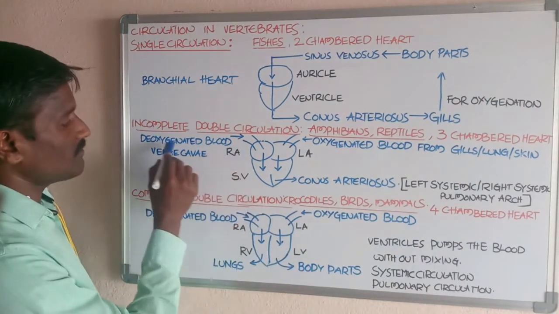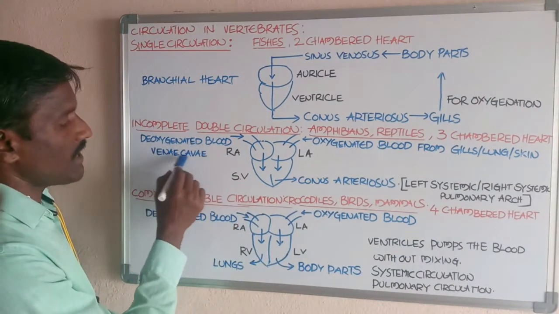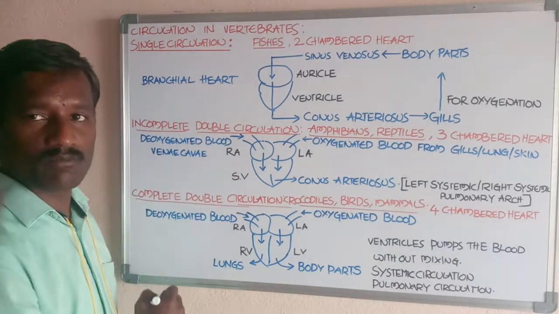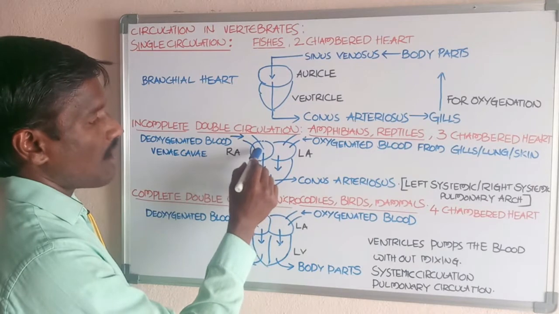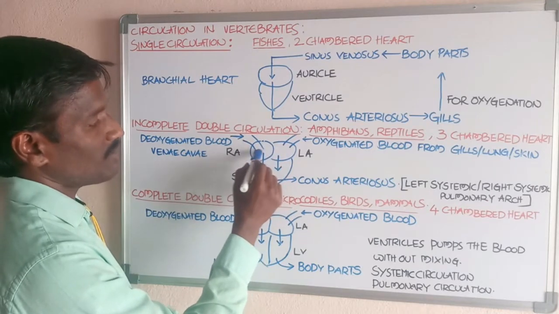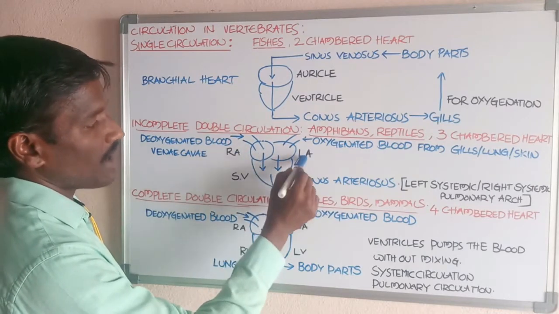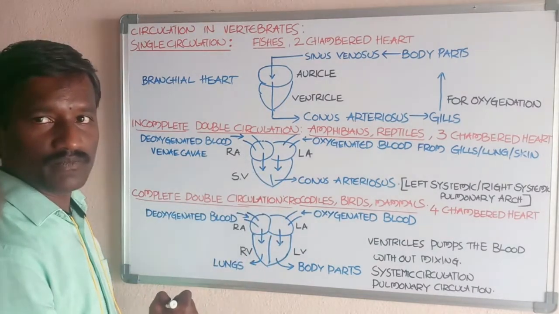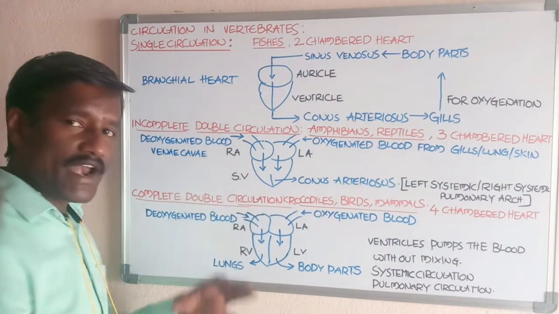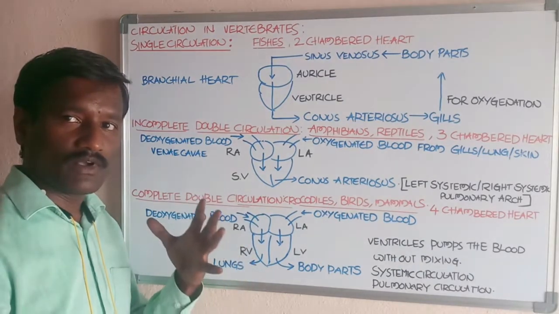Next, the right atrium receives deoxygenated blood through the vena cava from the body parts. Then the oxygenated blood in the left atrium and the deoxygenated blood in the right atrium are pumped into the single ventricle. In the single ventricle, the blood is mixed up.